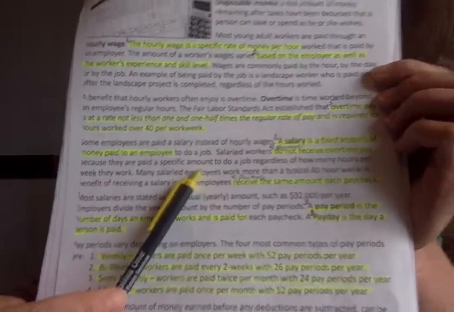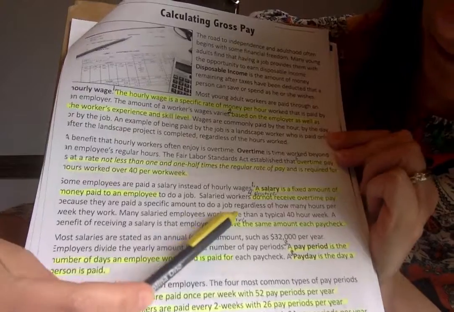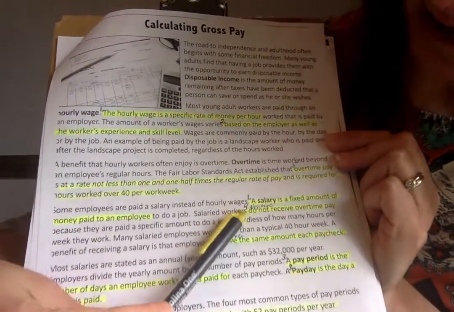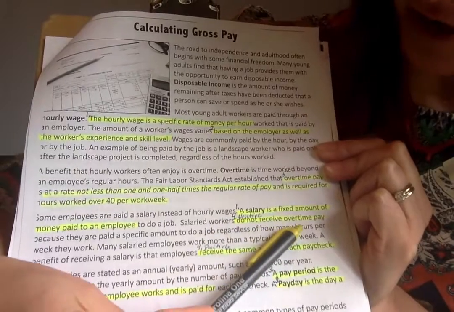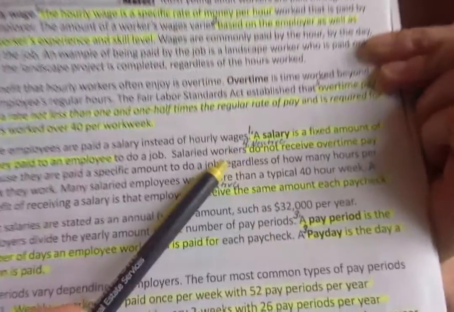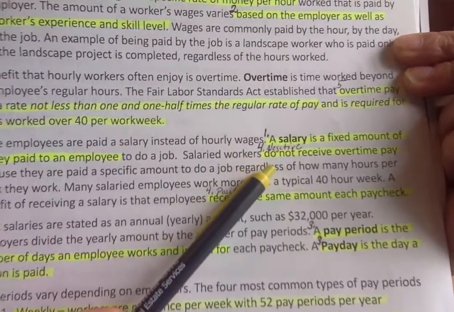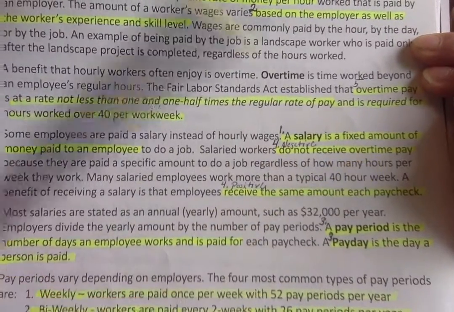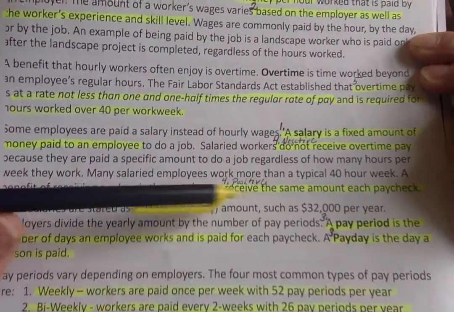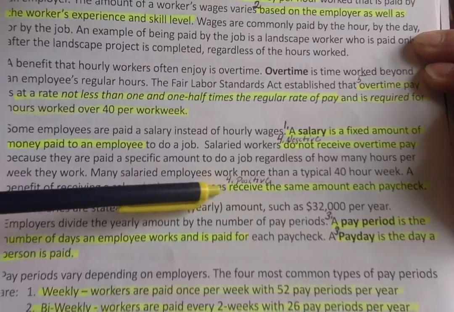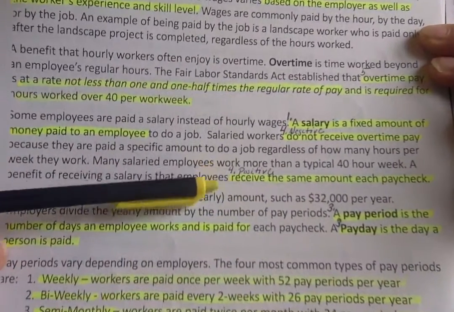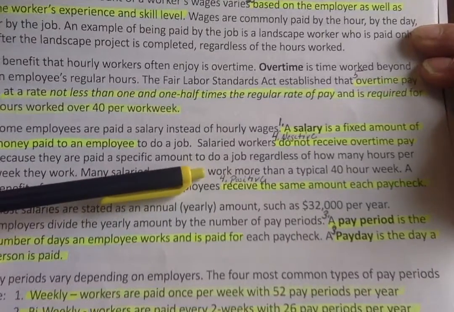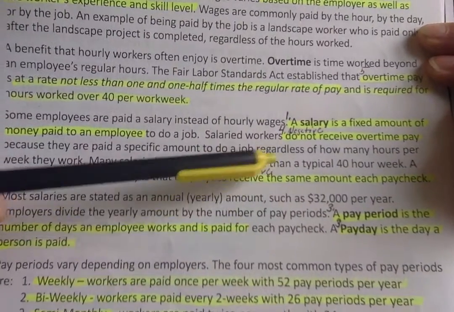Here we go. So this is the negative. One negative is they do not receive overtime pay. See here how I wrote number 4 negative. They do not receive overtime pay. And right here, one positive is that they receive the same amount each paycheck. So that is your full answer for number 4.